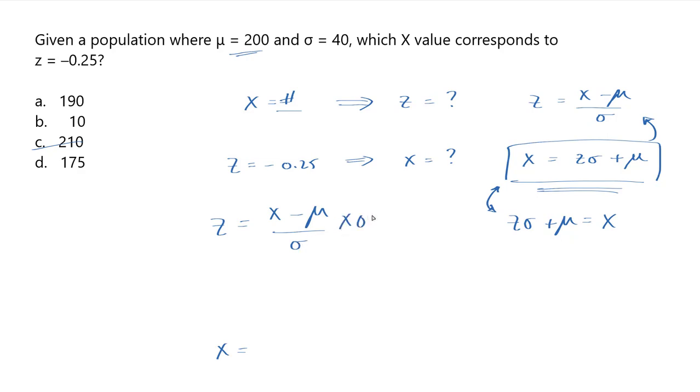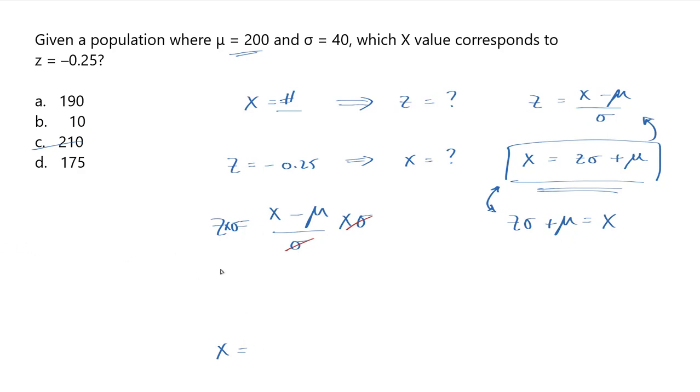Multiply by sigma. But you have to do the same thing to both sides, so I have to multiply this side also by sigma. Here on this side, these are going to cancel out, because if you've got something on the bottom of a fraction and something on the top, they cancel each other out. But that doesn't happen on that side.